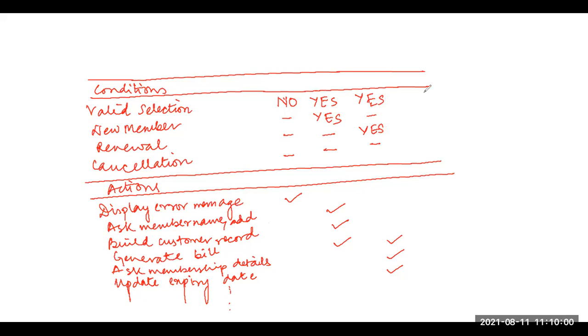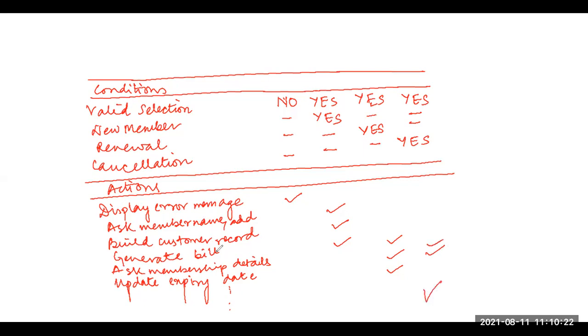Okay. Now, if the valid selection was yes and I was choosing cancellation, then what was happening? It will ask me the membership details. Here I will have to write one. There is not space, so it will delete the record and again it will generate the bill. Right.